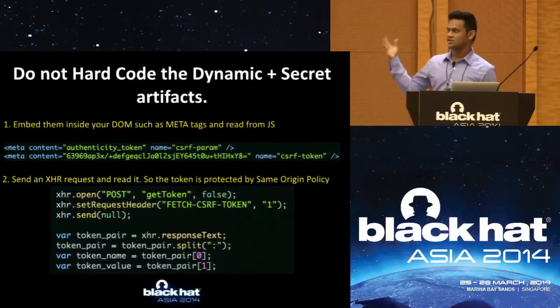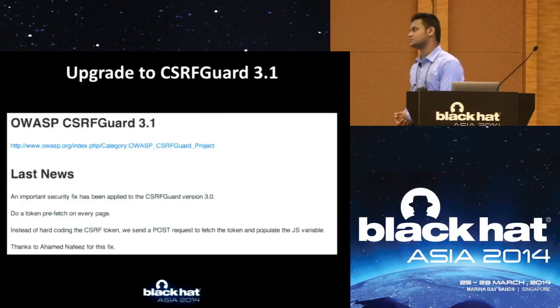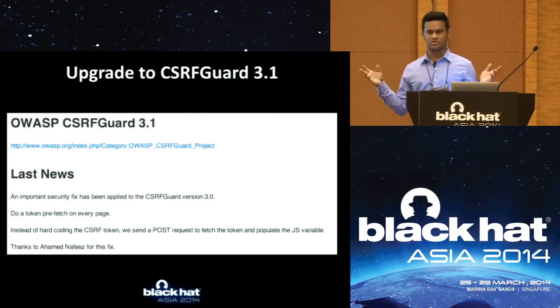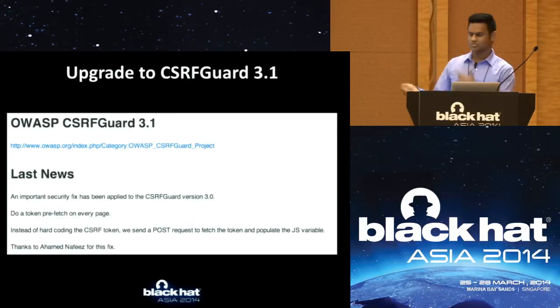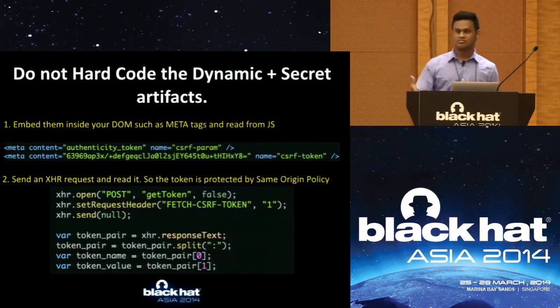You can fetch the current token from a different endpoint. That's how we try to fix CSRF Guard as well. All versions of CSRF Guard 3.0 are vulnerable. From 3.1, we send a POST request and do it the second way: you just take the token and populate your variable.